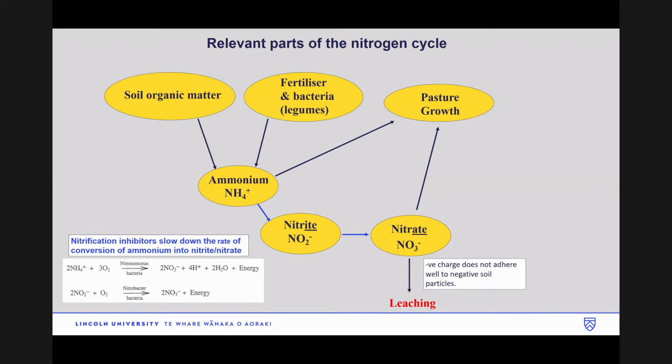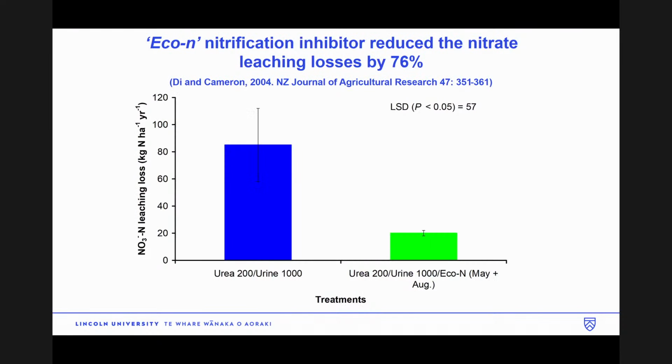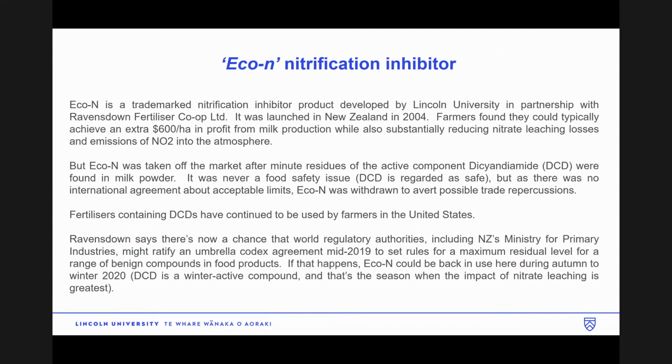So we did come up with a bit of a solution, and it was an inhibitor. It just slows down the process of changing ammonium into the nitrites and the nitrates, and therefore reduces nitrogen leaching. This was very, very successful. However, it's not commercially viable at the moment because there were small amounts of residuals found in milk.